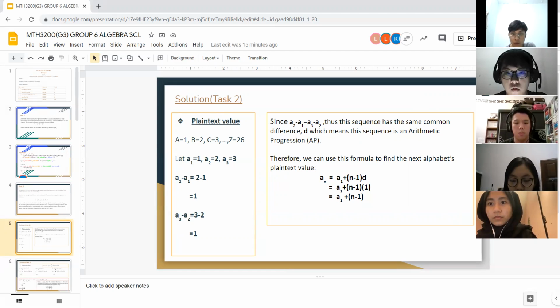That means the common difference D is the same, which means this sequence is an arithmetic progression, where we plus 1, plus 1, plus 1 to find the next plain text value for the alphabets. So here is the formula to find the next alphabet plain text value.